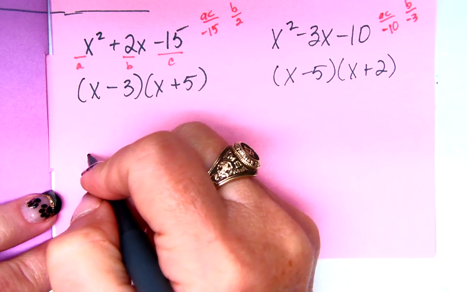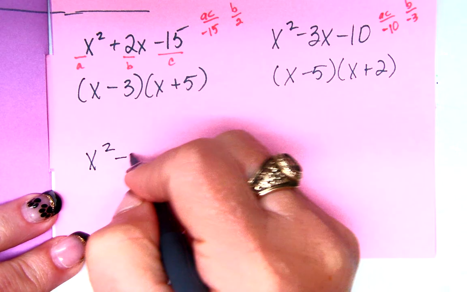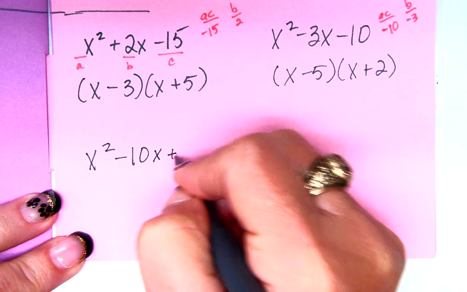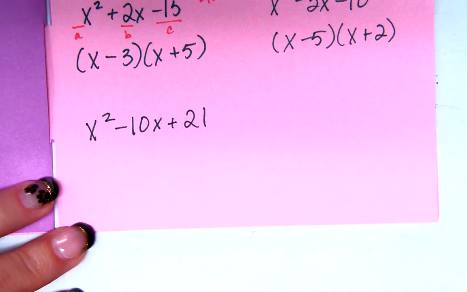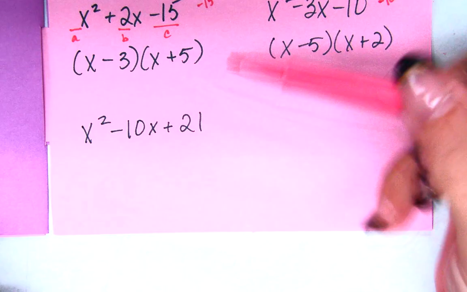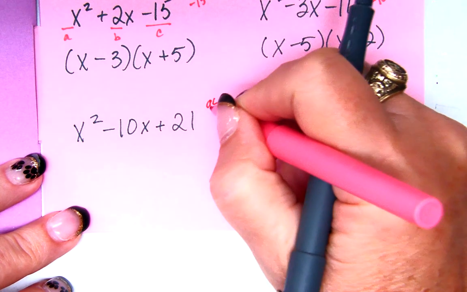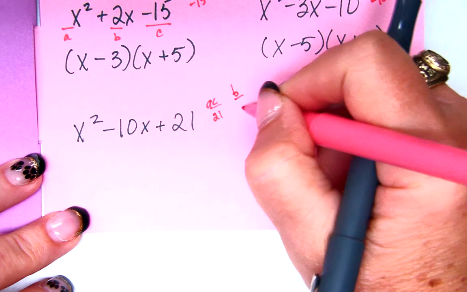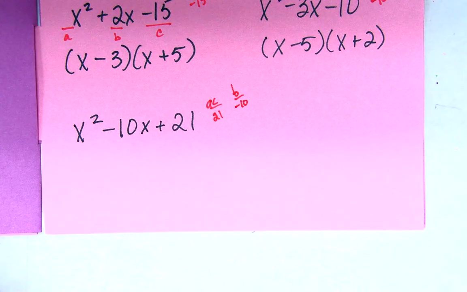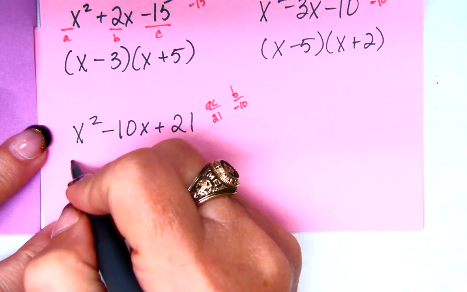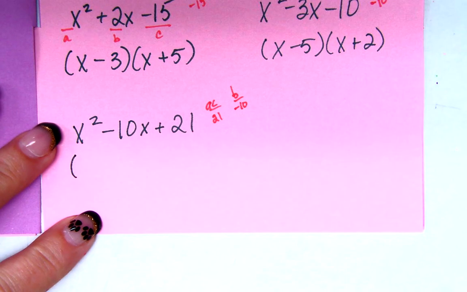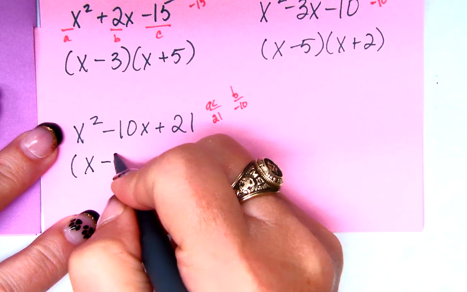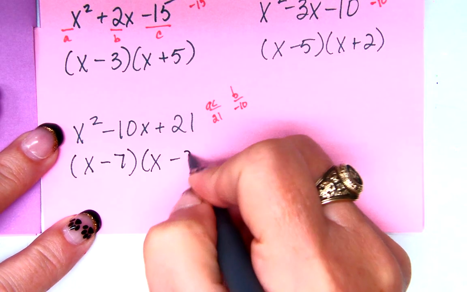What about this? X squared minus 10x plus 21. What's ac? 21. What's b? Negative 10. What two numbers multiply to be 21 and add to be negative 10? Negative 7 and negative 3, right?